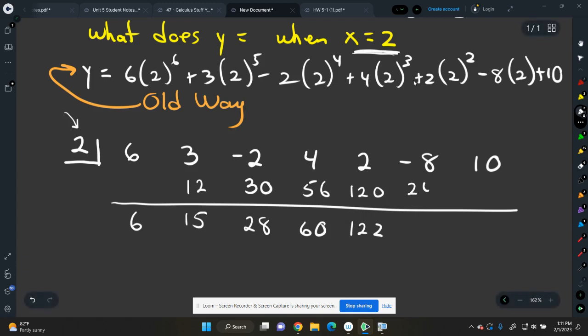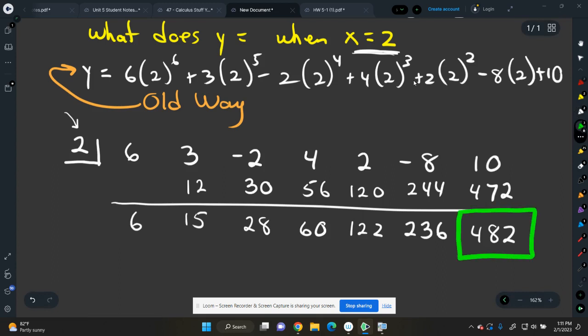Multiply 244. And then we're going to add. So this is going to be 236. And we multiply 12. So what's that? 472. And then we add 482. This is our answer right there.